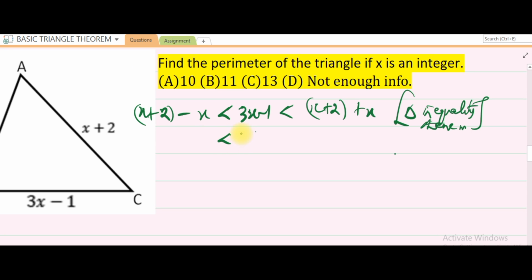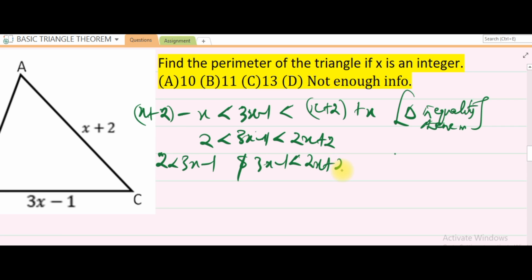So we have this 3x minus 1, between x plus 2 plus this 2x plus 2, and this should be 2. So again, this is a combined inequality, meaning that 2 is less than 3x minus 1, and 3x minus 1 must be less than 2x plus 2.